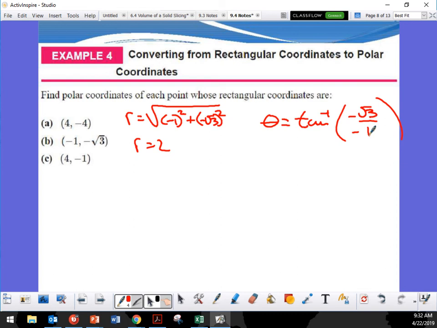So one of those is going to give me a positive rad 3, but like I said, if you put your calculator in degrees and do the inverse tangent here, it's going to give you one of those answers. But it's going to give you a positive quadrant, and you're just going to have to shift it 180 degrees, because the two negatives is going to give you a positive, right? And the calculator is just going to go with it being a positive, and it's going to give you an answer in quadrant 1.